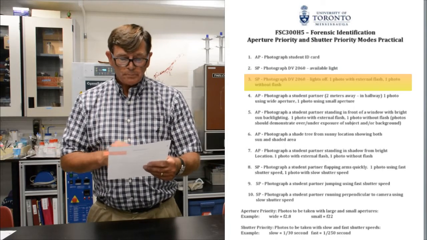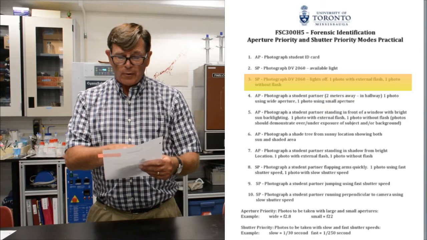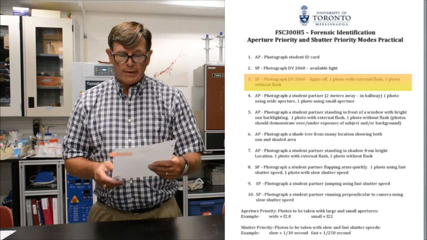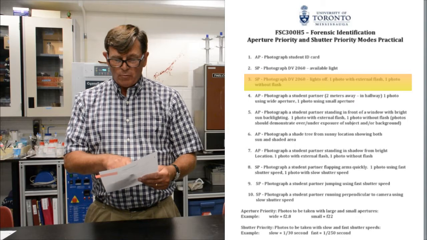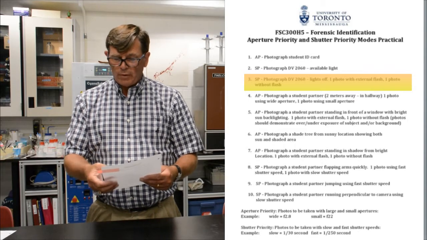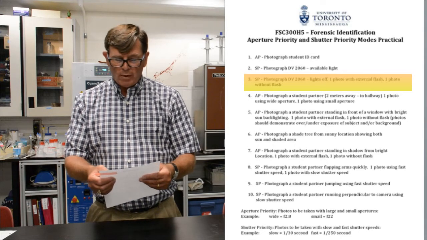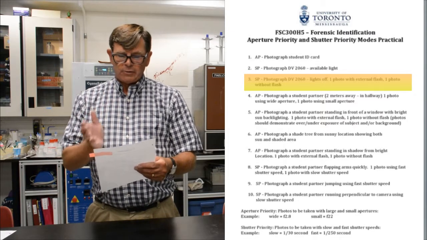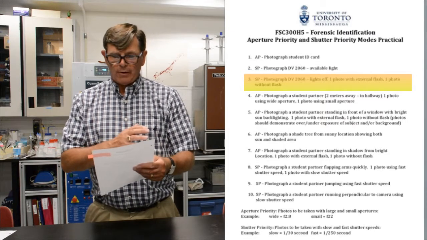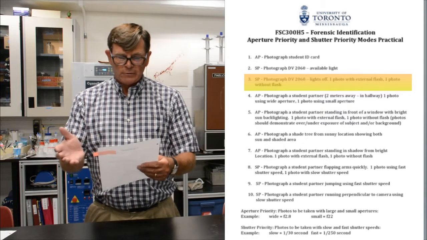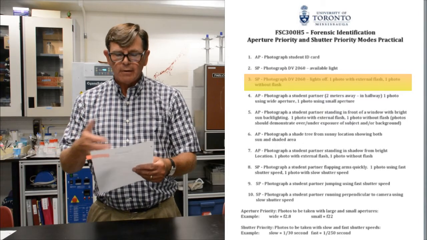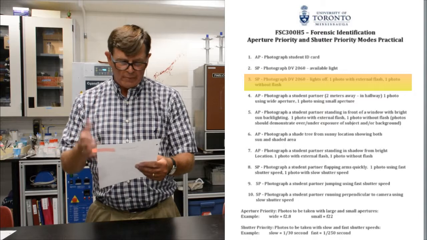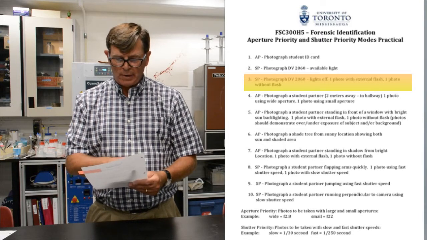The next one here is shutter priority again, photographing the room with the lights off, one photo with the external flash, and one photo without flash. Again, to show the variance between with and without flash. And again, you have selected a shutter speed, and the camera obviously is going to select the corresponding aperture.